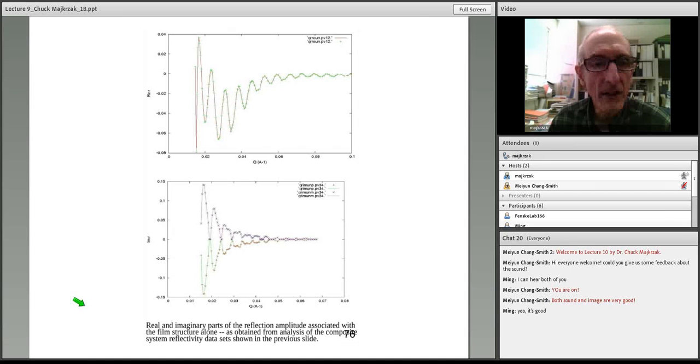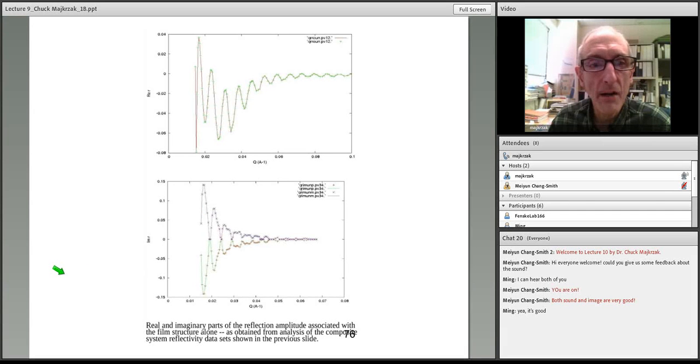And here on this slide is the real part of the reflection amplitude corresponding to just the film, independent of the air or water backings in the composite system. Similarly, here's the imaginary part, and the data look really good.